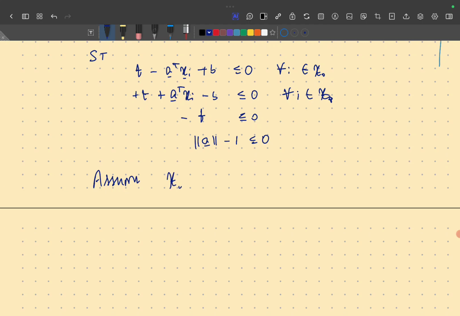So we'll assume that x0, x1 are linearly separable, which means that there is at least one hyperplane that strictly separates these two sets.